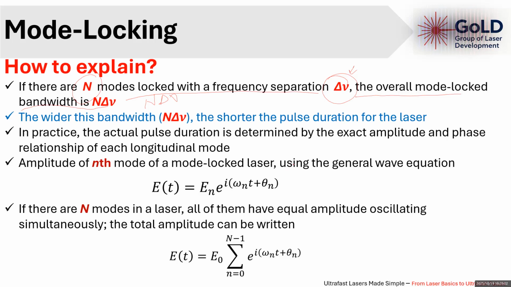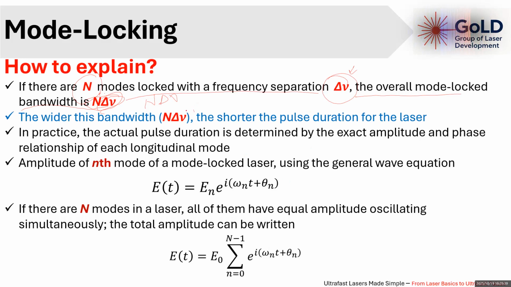There are many mathematical steps which I am not mentioning here. You can find them in the book which I shared with you on WhatsApp. So n is the number of locked modes, delta nu is the frequency separation, and the product of these is actually the bandwidth.